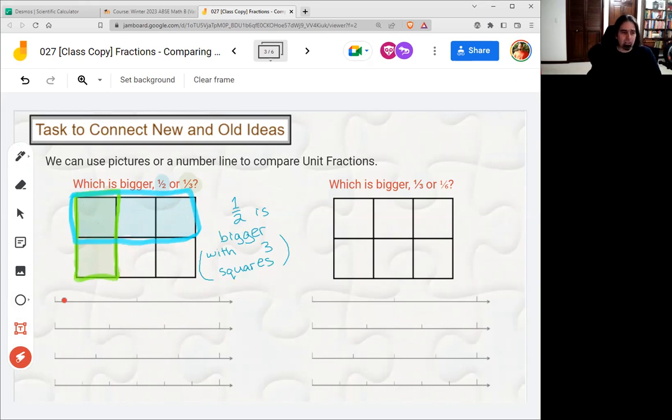If I'm a number line kind of person, which of these number lines shows me 1/2 the clearest? They're all counting from 0 to 1.